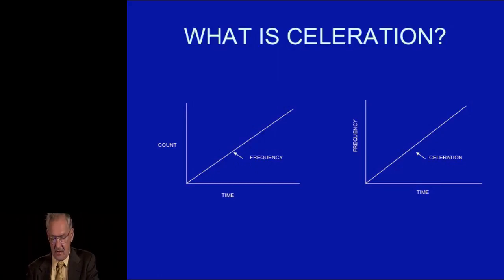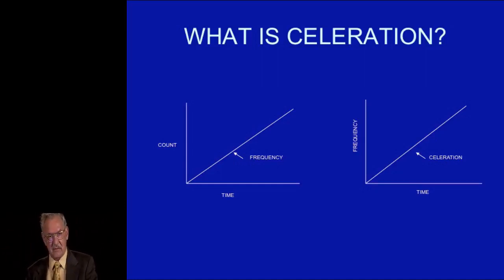And so the instrument that Lindsley developed is essentially a picture, just as the cumulative record was a picture, of frequency changing over time. To see this more clearly, on the left-hand side of this picture is a schematic showing the relation of count and time, and the slope of that line gives you frequency.